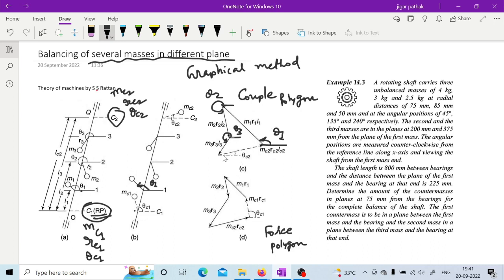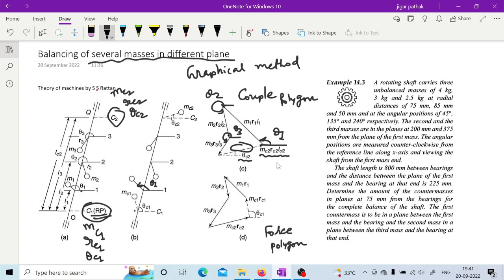So you can close this couple polygon, right? When you close this couple polygon, you will find that the magnitude of this particular vector will be equal to MC2 RC2 LC2, and the angle will also be there with you, theta C2. So when you draw this couple polygon, you will have the magnitude MC2 RC2 LC2, and you will also find the angle theta C2.